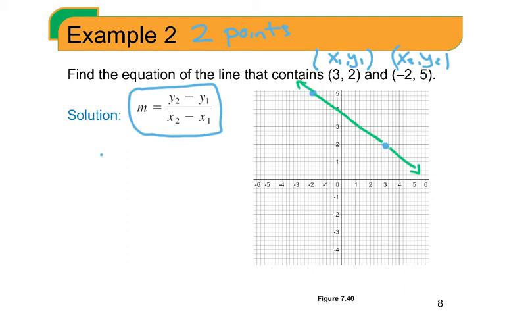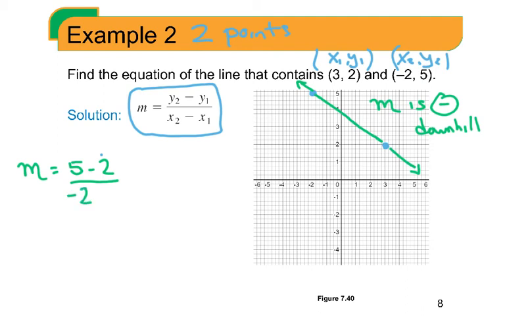And so this tells me something already. My slope, is it going to be positive or negative? It's going to be negative because we're going downhill. So let's find the slope. y2 is 5 minus y1, which is 2, divided by x2, which is -2, minus x1, which is 3.